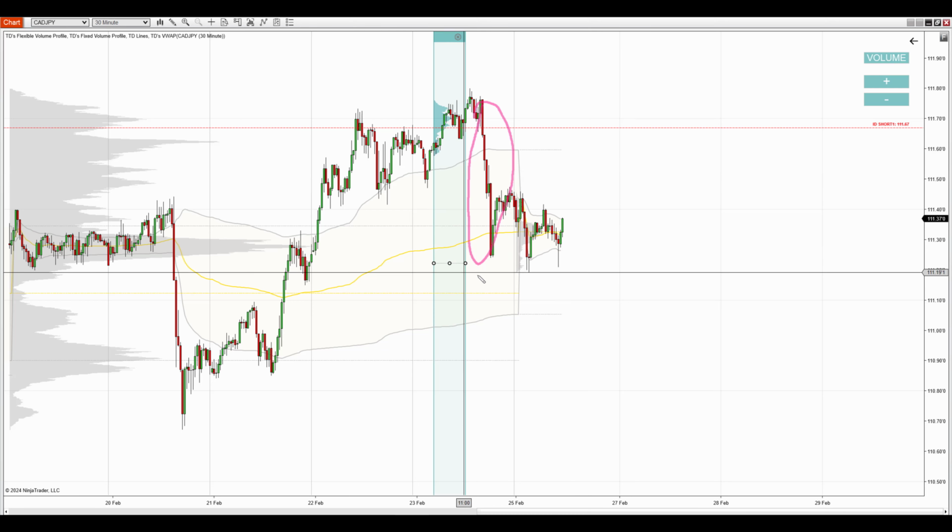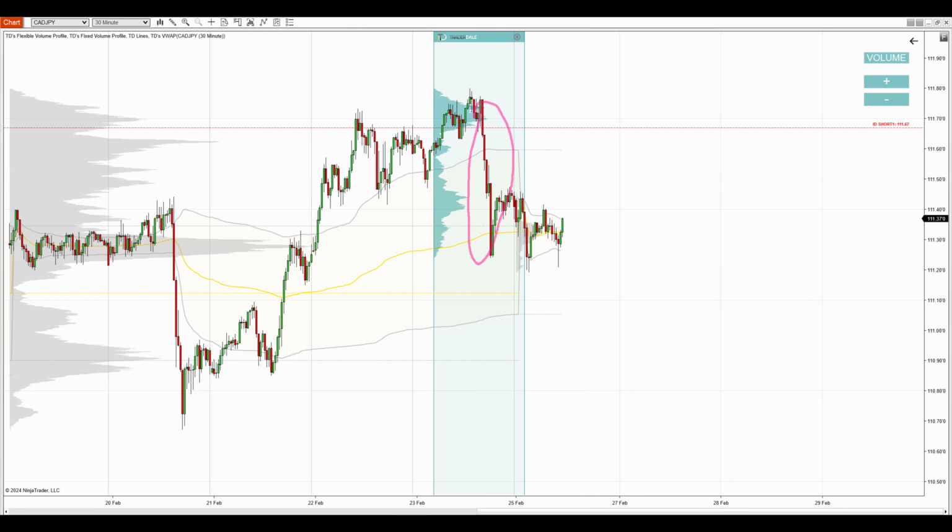Now, when I use the volume profile like this to include that rotation before the sell-off and the sell-off itself, you can see that heavy volumes were traded here before the sell-off started, right? This volume bump. And this is telling us that the sellers who are pushing the price downwards were active here, building up their short positions.